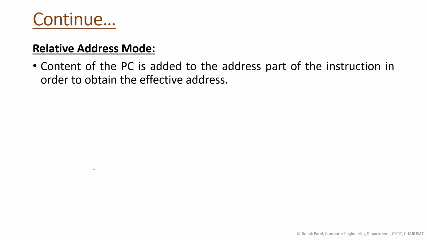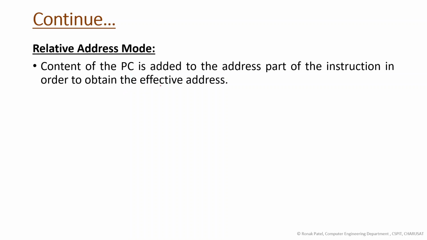So next is relative address mode. The content of the PC, program counter, is added to the address part of the instruction in order to obtain the effective address. Your PC stores the address of the next instruction.